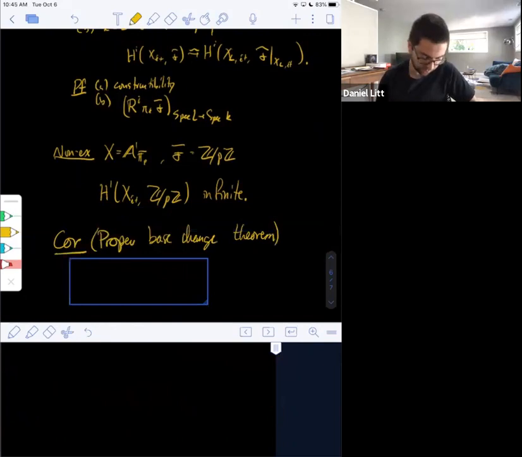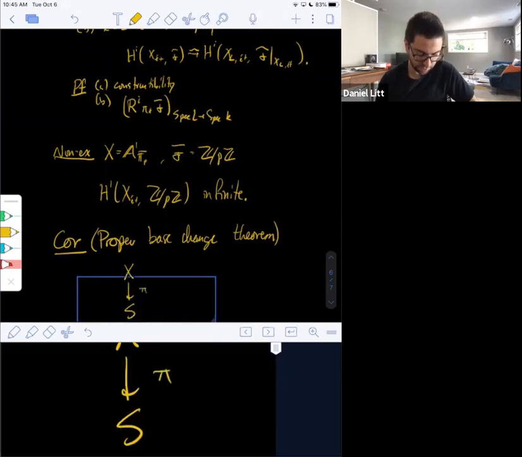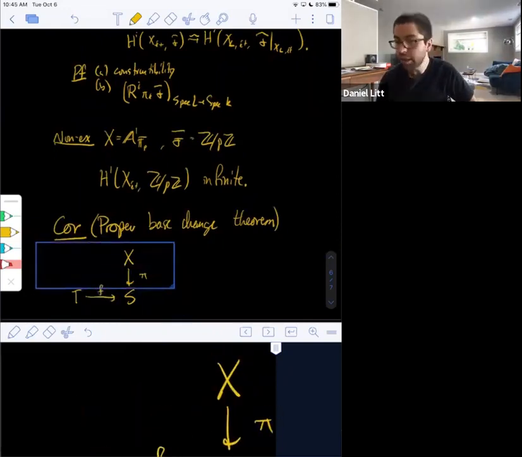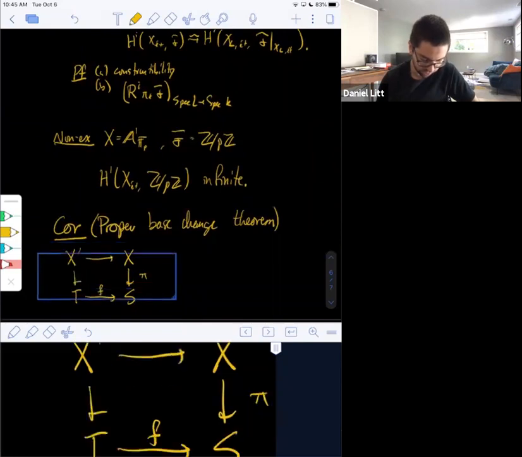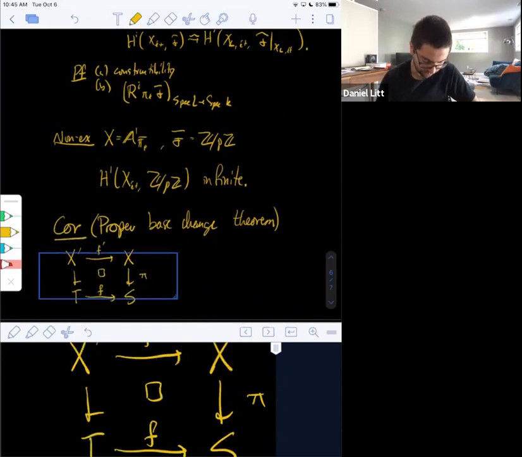So suppose we have a diagram as follows. So we have X to S, so map pi, and we have a map T to S, and we take X prime to be the base change. So this is a Cartesian diagram. I'm going to call this f prime and this pi prime.